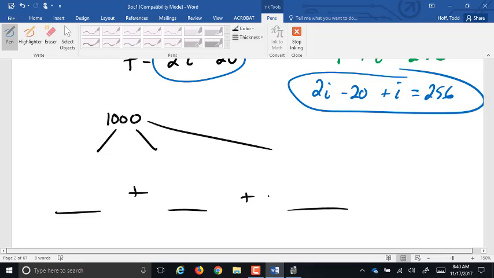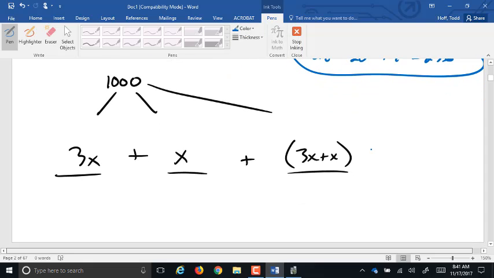One part will be 3 times as large as the second, and the third will be as large as the sum of the other two. So I'm going to let this one be x, this one's going to be 3x, right? This one's going to be the sum of the first two, 3x plus x.